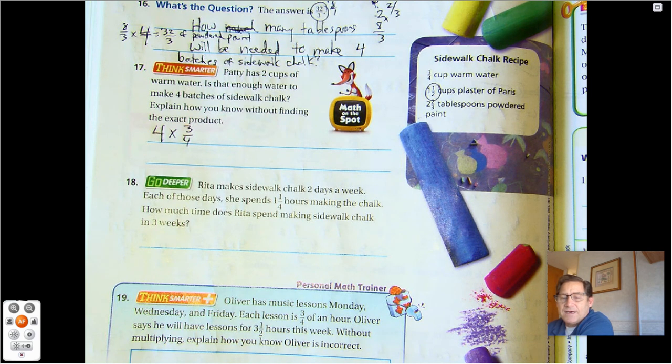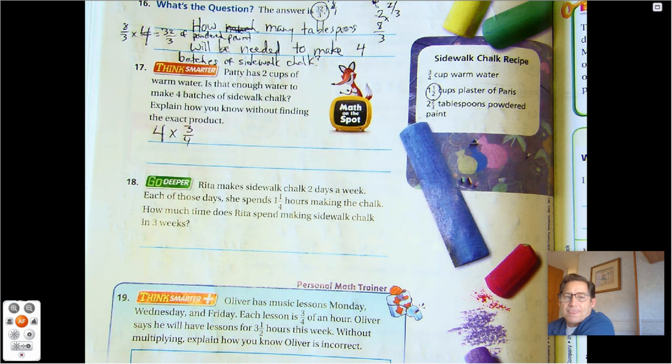Well, how many fourths would be needed to make up the 2 cups of warm water that she has? So the 2 cups of warm water would be 4/4 plus 4/4. Well, that's 8/4.